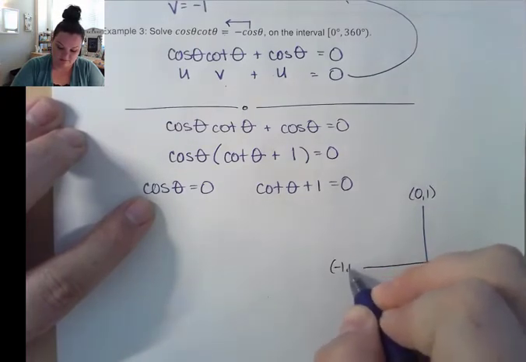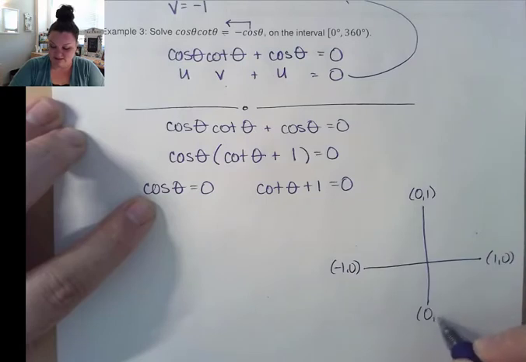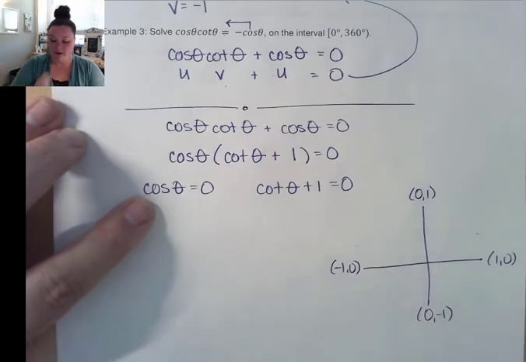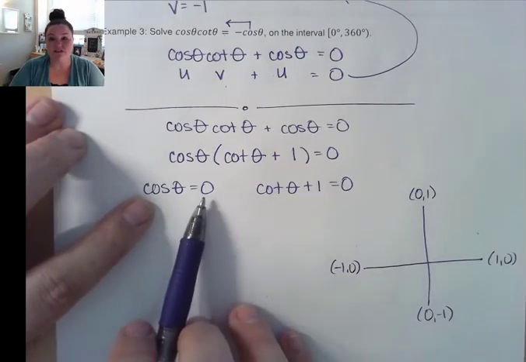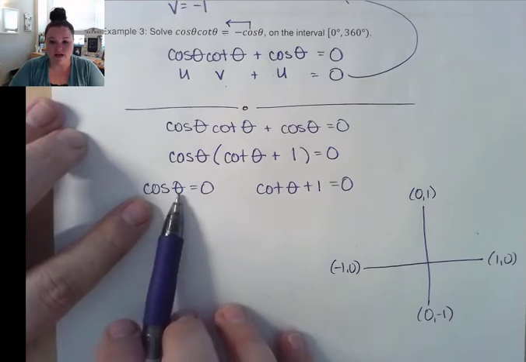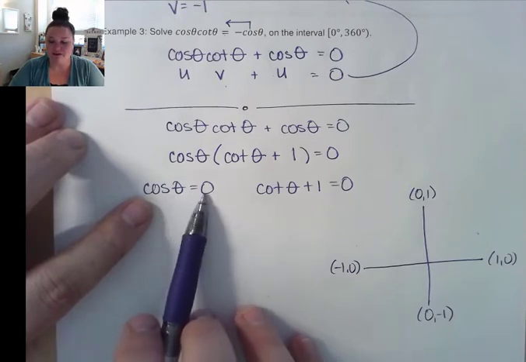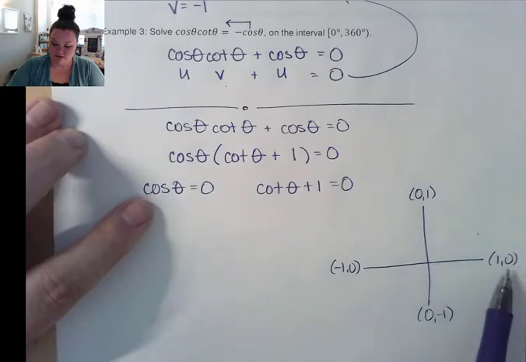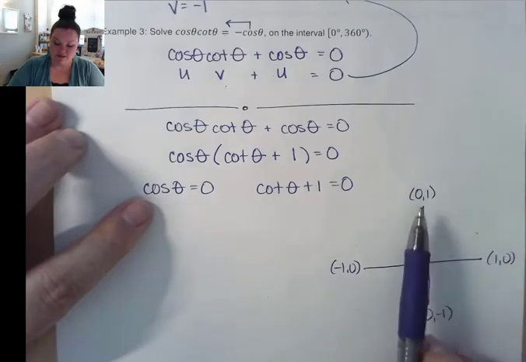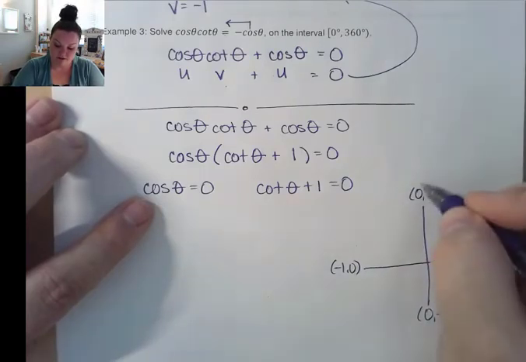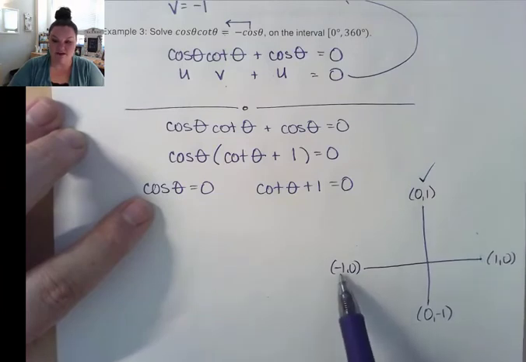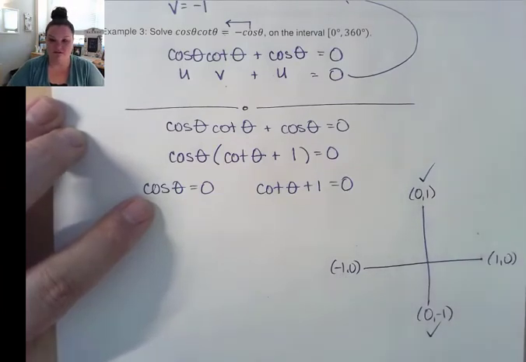This is negative 1, 0. And this is 0, negative 1. Cosine, remember, relates to our x, so we're looking for angles where the x value is 0. Here the x value is 1. Here the x value is 0, so that one works. Here the x value is negative 1. Here the x value is 0, so this one works.